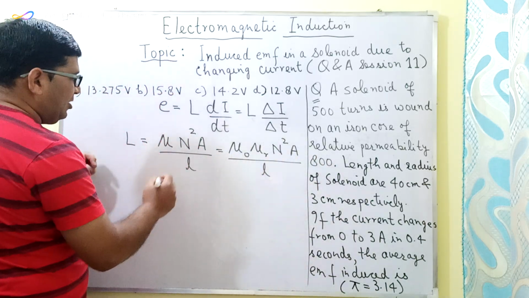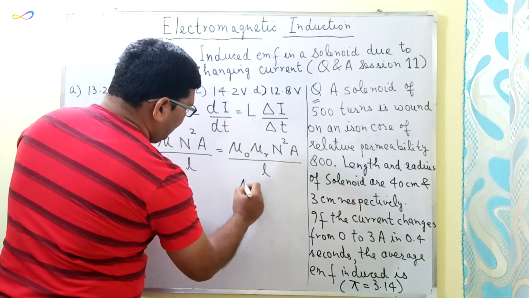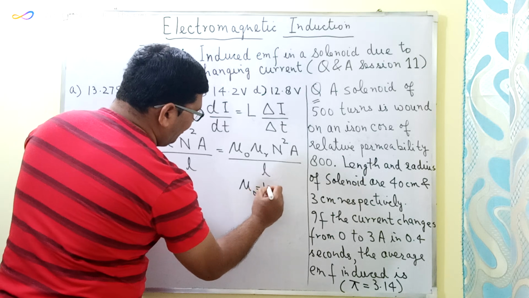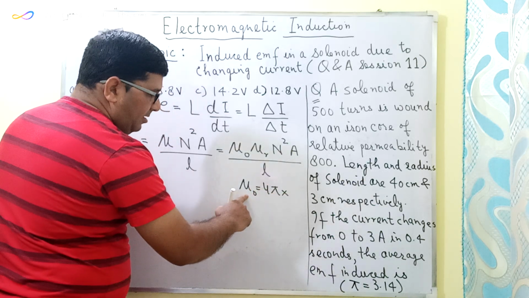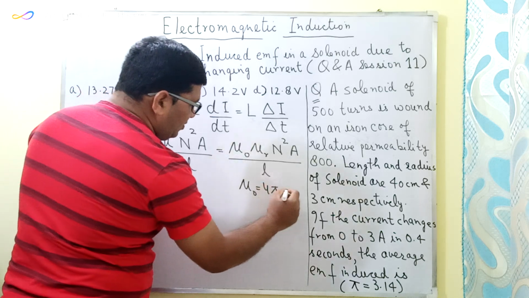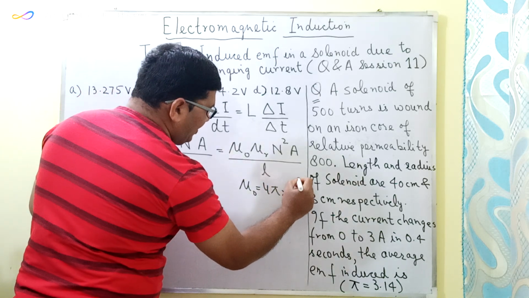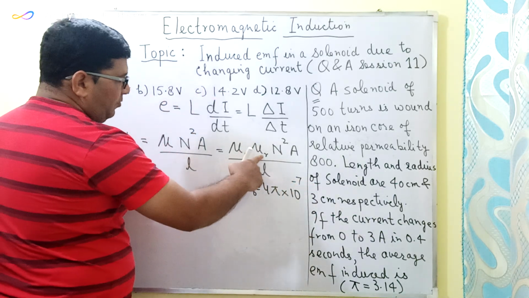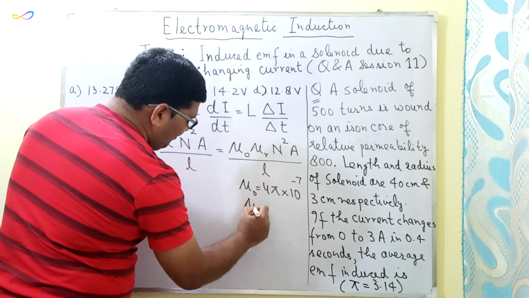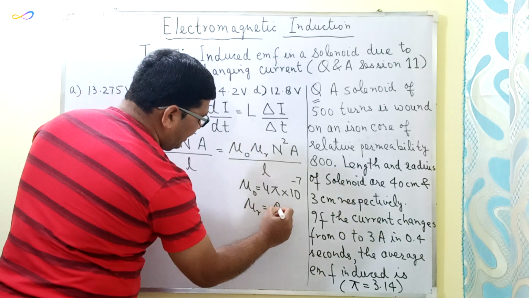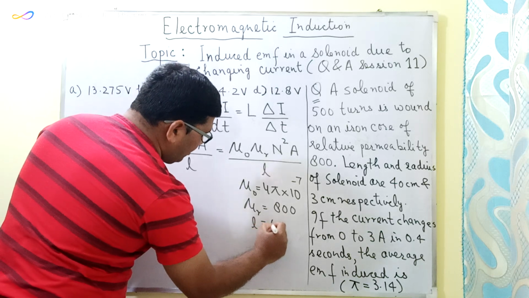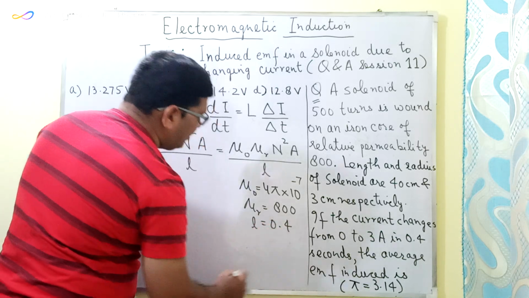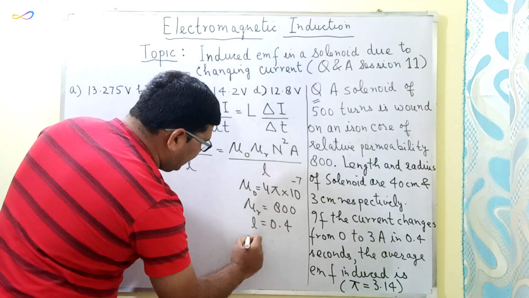Here mu r is the relative permeability, which is given as 100. The value of mu naught is equal to 4 pi into 10 to the power minus 7. Mu r is already given to us, which is equal to 800. Length is also known to us, which is equal to 0.4 meters. And we have to find the area of cross section.